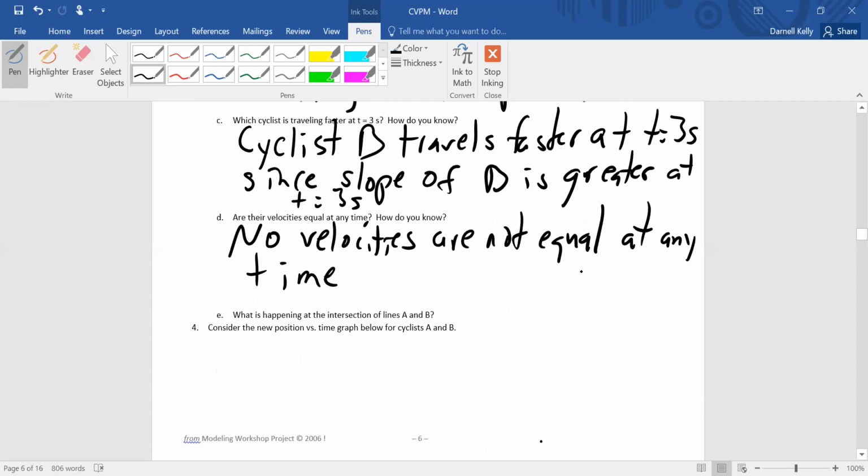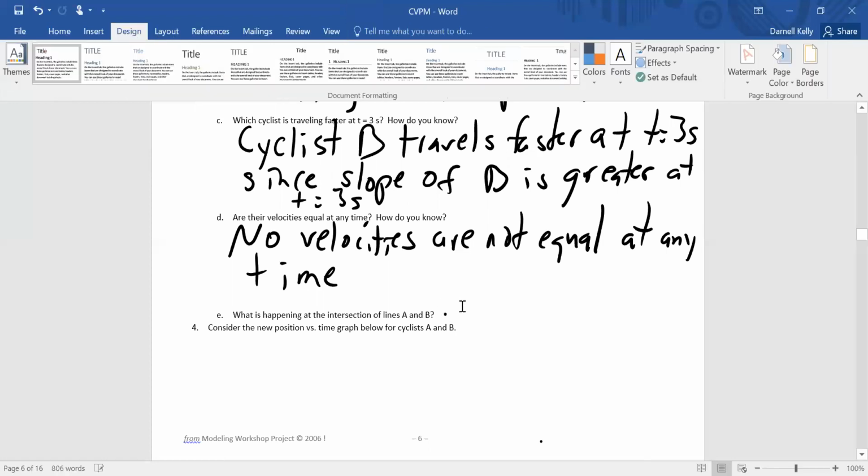Yeah. So, and then E. My formatting was all off when I saved it from PDF, but we'll figure it out. What is happening at the intersection of lines A and B? Can I get a regular cursor? So what's happening in part E when the lines intersect?